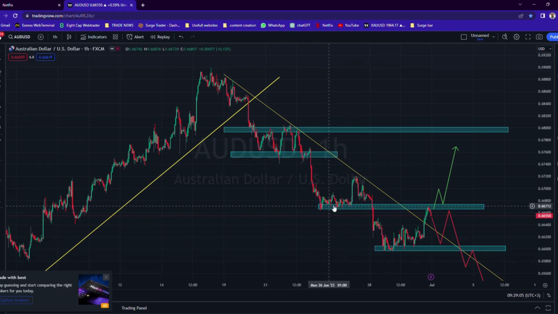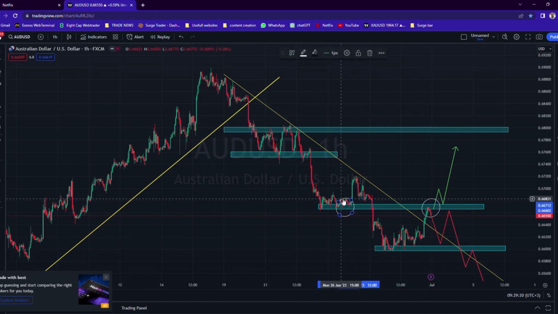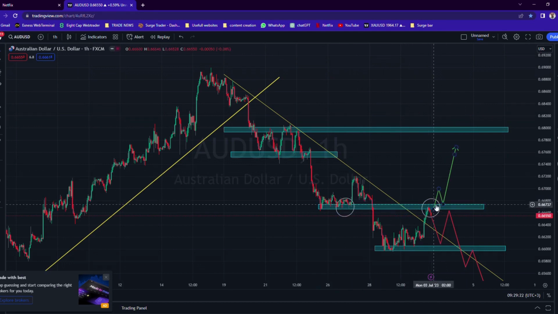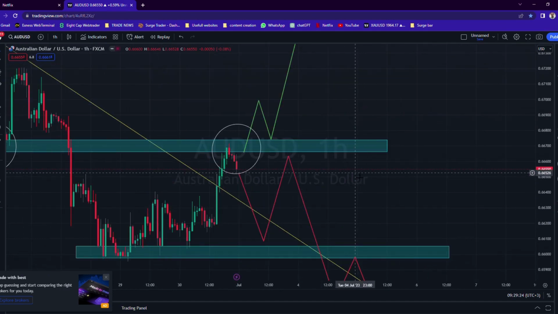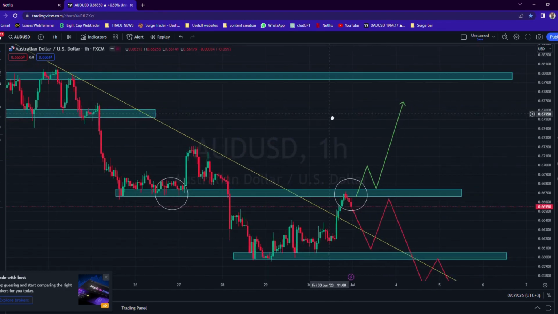The support was broken, and now it's turning into resistance at that same level. Right here is a support that turned into resistance, and we are already seeing a rejection on that support zone.